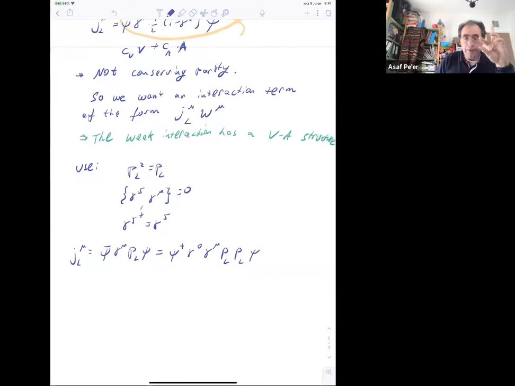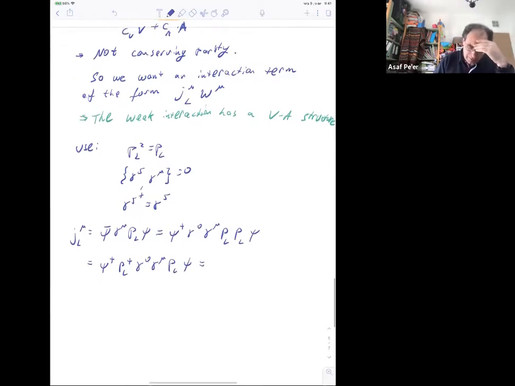Now I can take PL and use the fact that gamma 5 anti-commutes with gamma mu. So I can write it down as psi dagger PL dagger gamma 0 gamma mu PL psi. But this is just psi bar L, the left projection of psi, gamma mu psi L. So we have that J L mu contains only the left chiral states of the fermions.